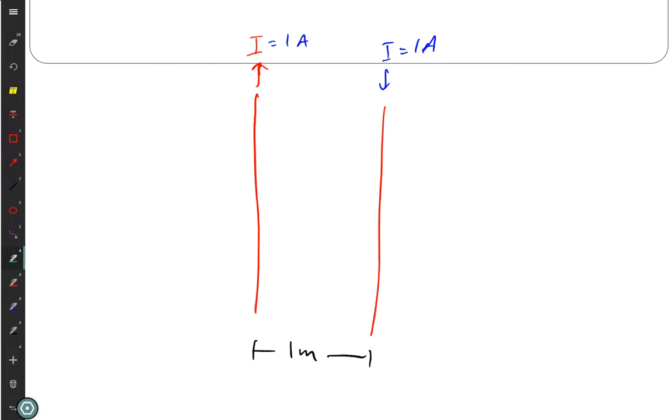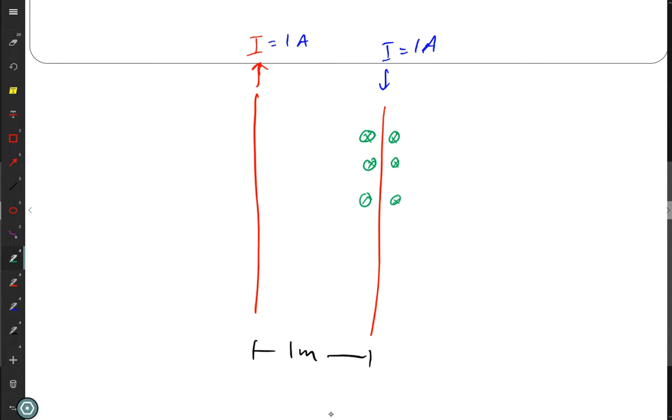So Erin took her right hand, I'm explaining for everyone else in case they didn't follow, and put her thumb in the direction of this wire. And then if you wrap your fingers around the wire on this side here, the fingers are going into the screen, hence your answer, into the screen. So I'm going to have a magnetic field that's like that due to wire 1.